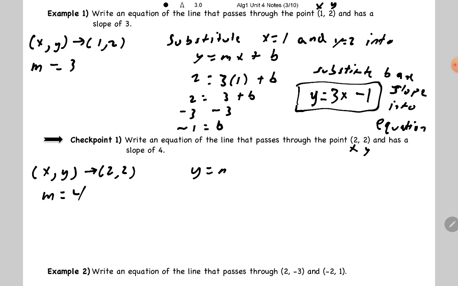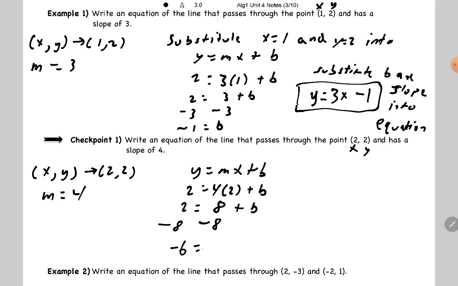So I start off with y equals mx plus b. Y is 2 equals slope, which is 4, times x, which is 2, plus b. So I got 2 equals 8 plus b. To get b alone, I'm going to subtract 8 and get negative 6 equals b.